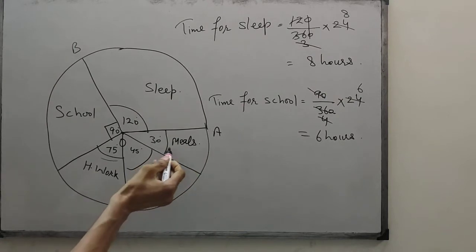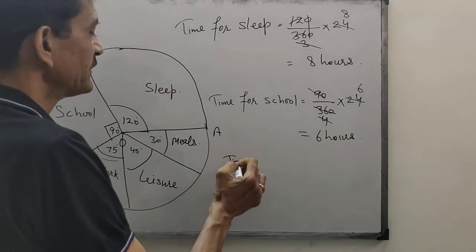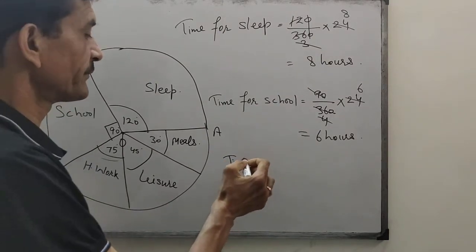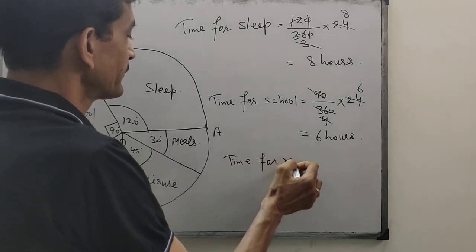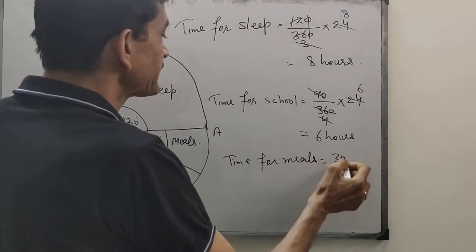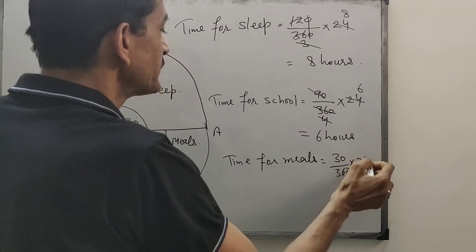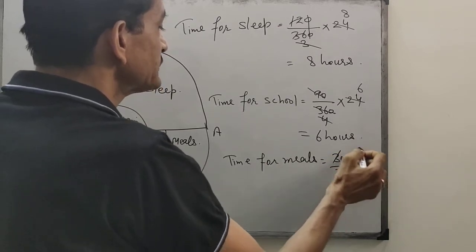Suppose that the time required for meals is asked. Time for meals: 30 by 360 into 24. This will come to 2 hours.